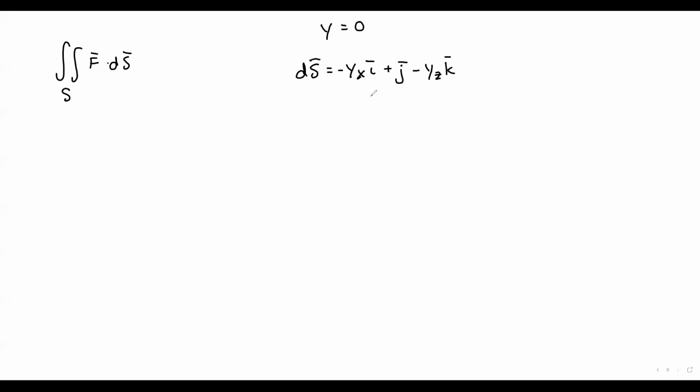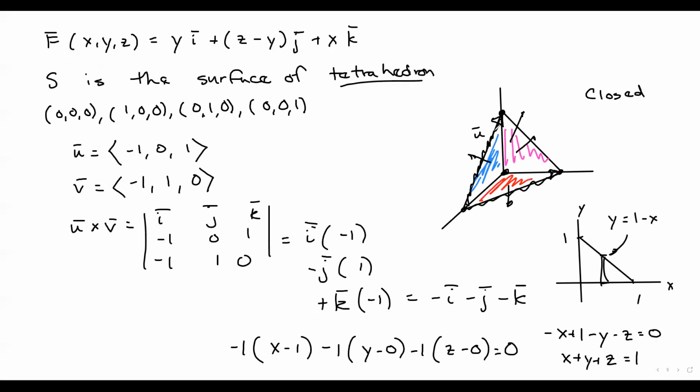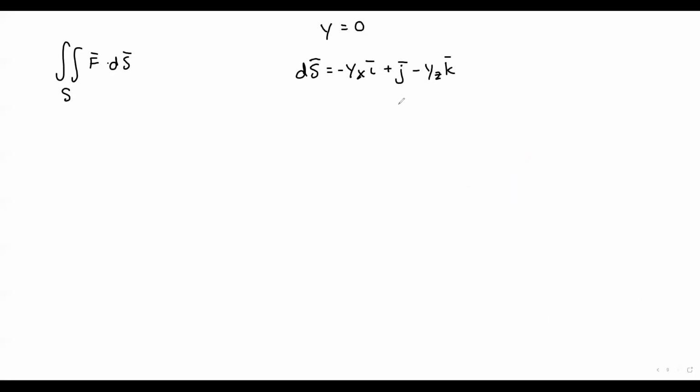Do we want a rightward pointing dS? If we go back and look at our picture, if we're calculating the outward flow, this is on the left-hand side, so we're calculating the flow that's to the left. So we want a leftward pointing dS, or leftward pointing normal vector. So you want to negate all of this.